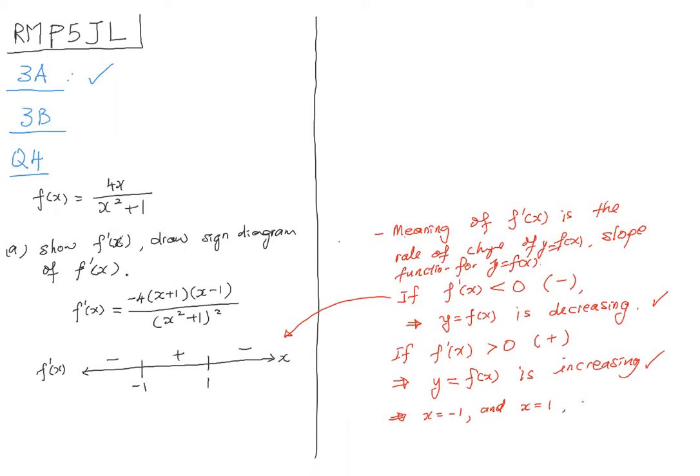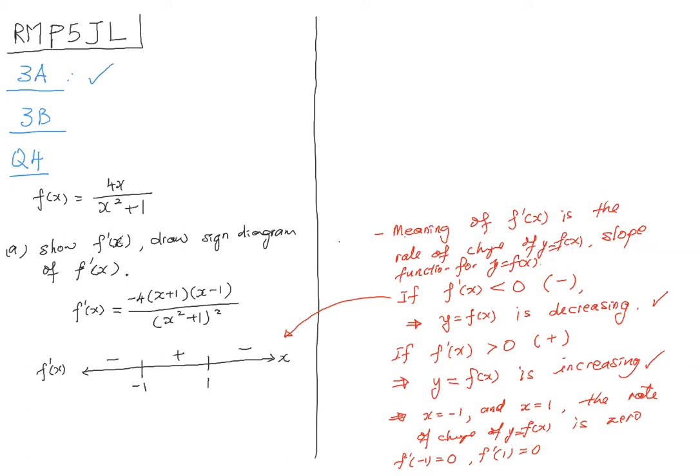That means the rate of change of f(x), y equal to f(x), is 0. So this means f prime of -1 is 0 and f prime of 1 is also 0.